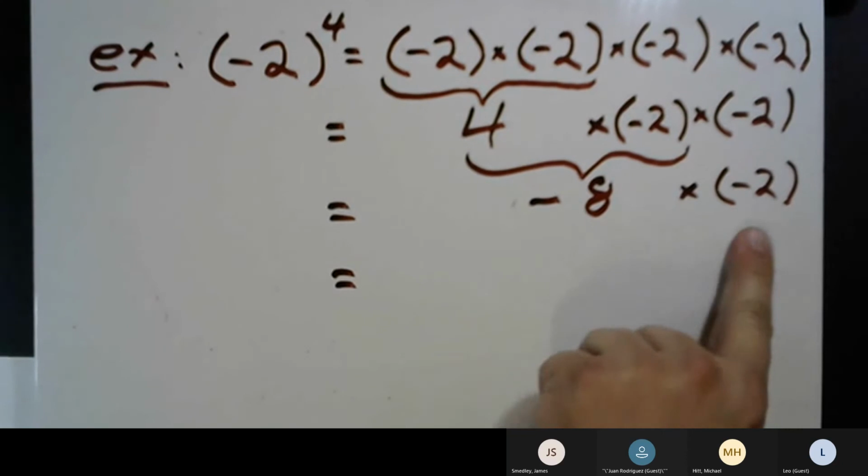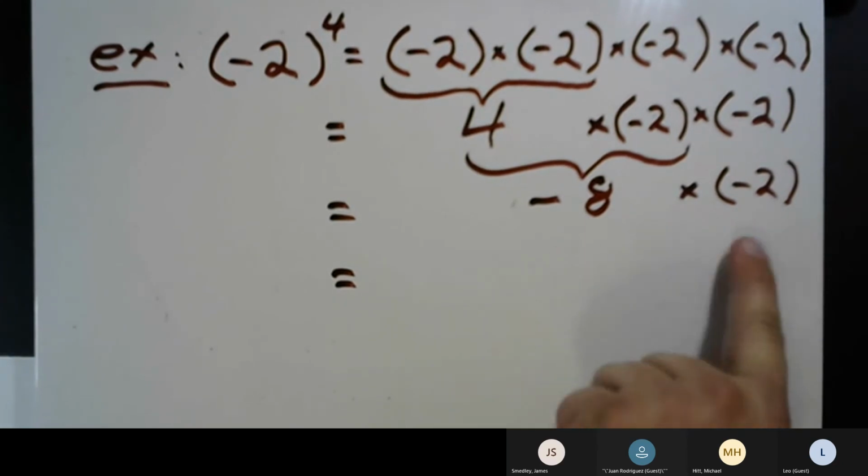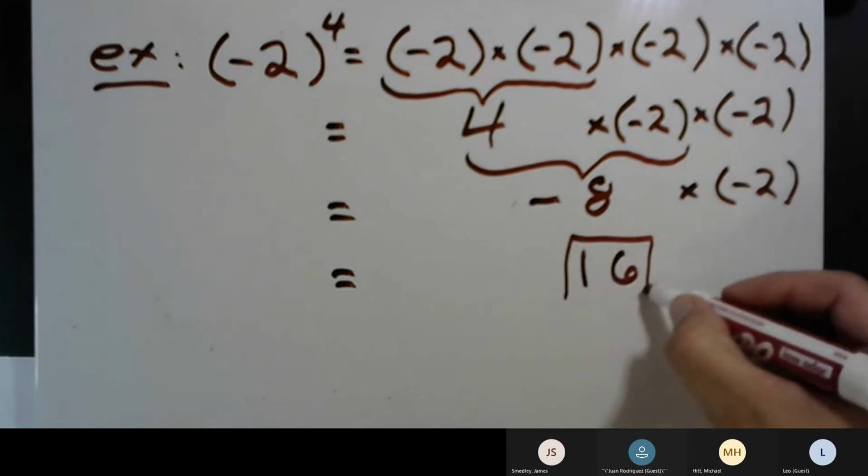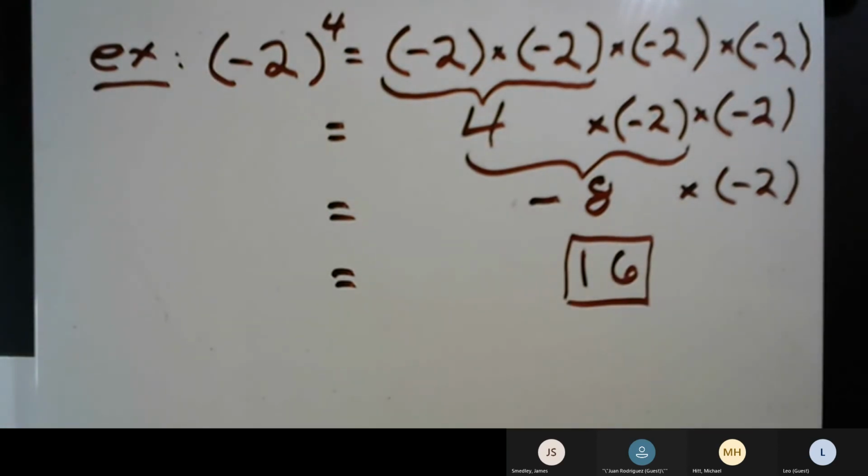And then -8 times -2. Well, now the signs are the same again, so we get +16. Questions about that?